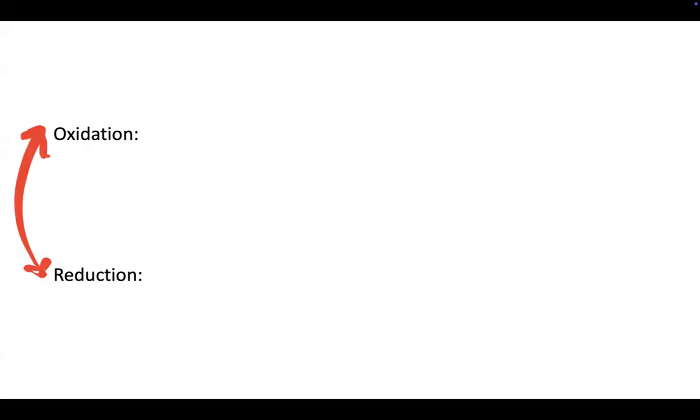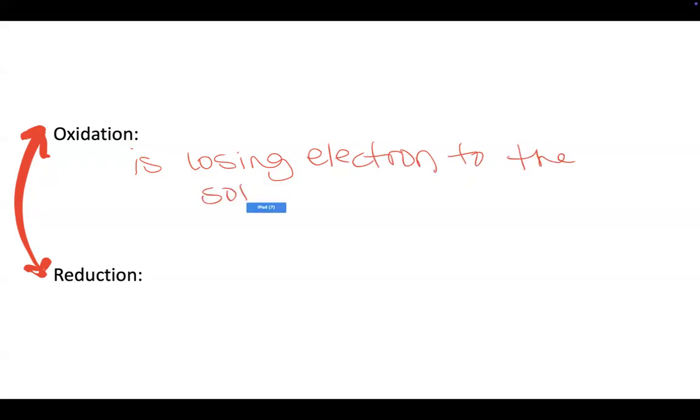So oxidation is when you are losing an electron. Right? Usually to solution. It might not make any sense, but just go with it. All right, reduction is gaining an electron to the solution.